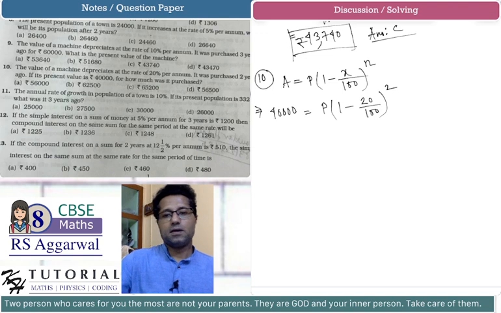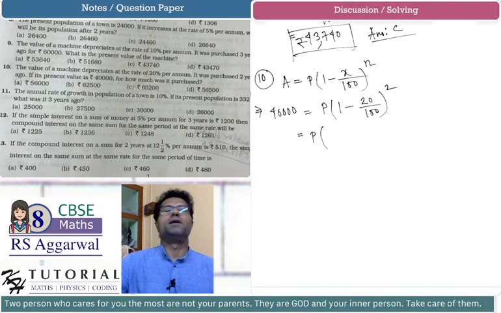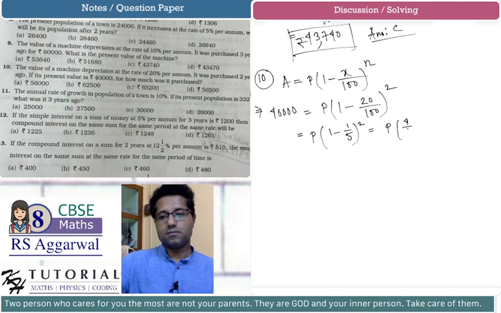So this is P multiplied by, 20 by 100 is 1 by 5, (1 minus 1 by 5) square. This is equal to (4 by 5) square.